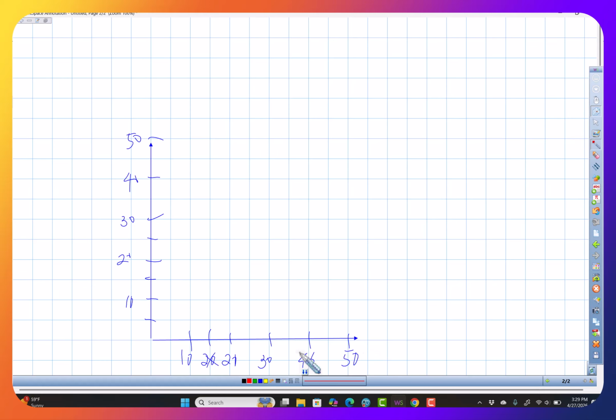So we'll put the x-intercept at 50, the y-intercept at 50, and go back and put in a straight line.